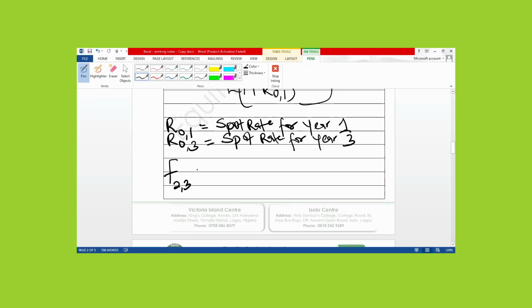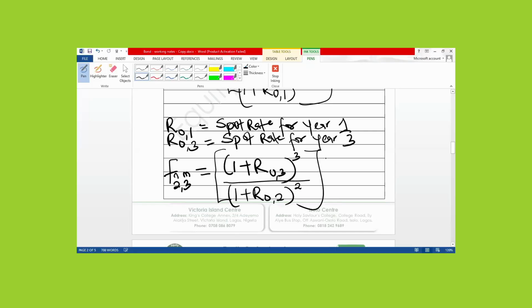Now the formula becomes your bigger bracket. This is your N. This is your M. 1 plus R, my M is 3, raised to power 3, divided by 1 plus R, my N is 2, raised to power 2.